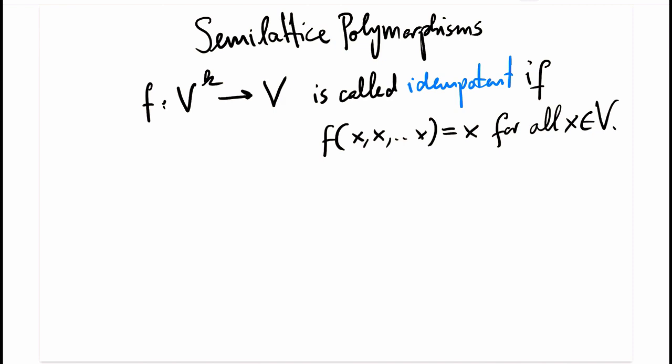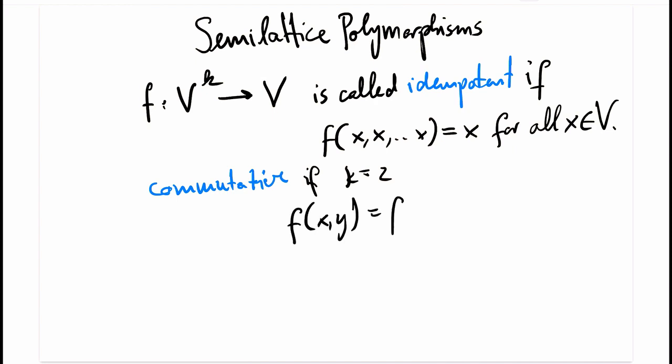A function is called commutative if k equals 2 and we have f(x,y) equals f(y,x) for all x, y in V. And finally, a map f is called associative, again binary.